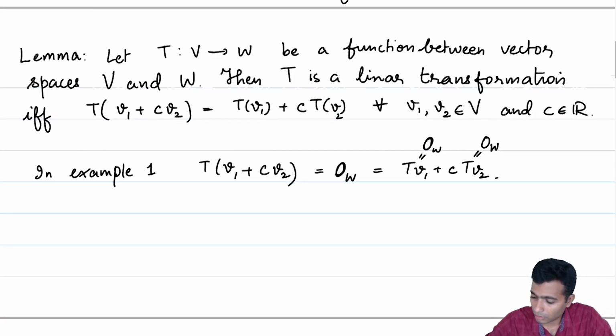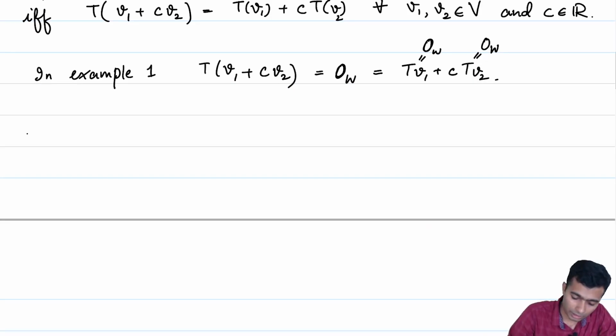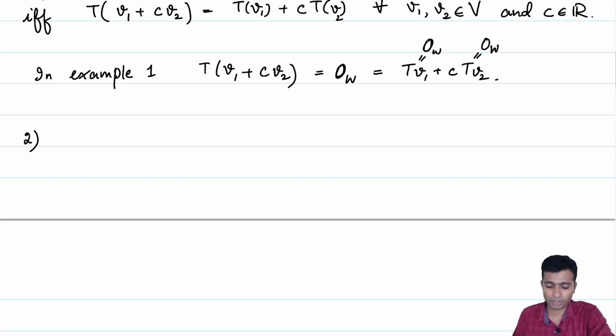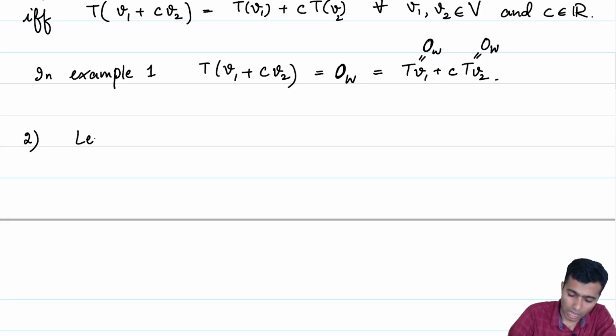Let's look at the second example. Let's call this particular map I. So T is not necessarily the only alphabet you should be using.